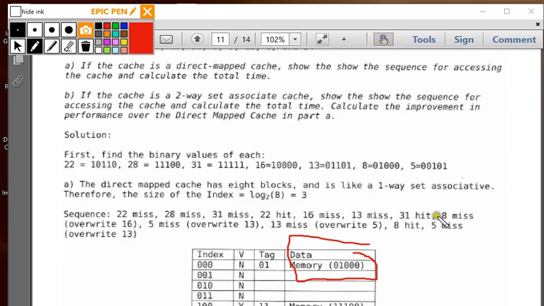So here I said 8 is a miss, overwrite 16. So 5 comes out. We have 13 in there. If you look, 13 and 5, so here's 13 and here's 5. They have the same value. So it's a miss, you overwrite 13. And then 13 comes back and you overwrite 5. 8 is a hit. And then 5 is a miss and overwrite 13.